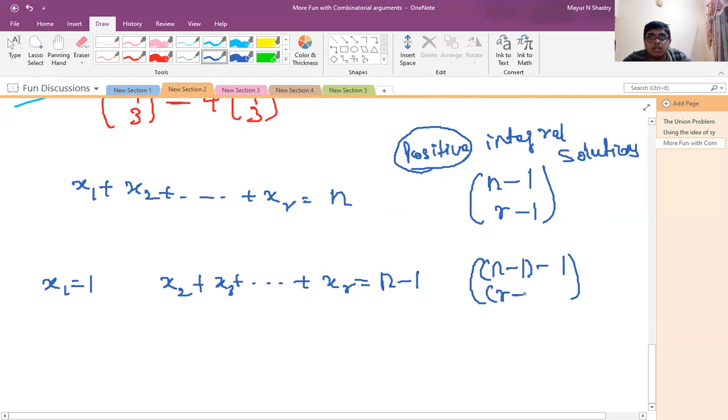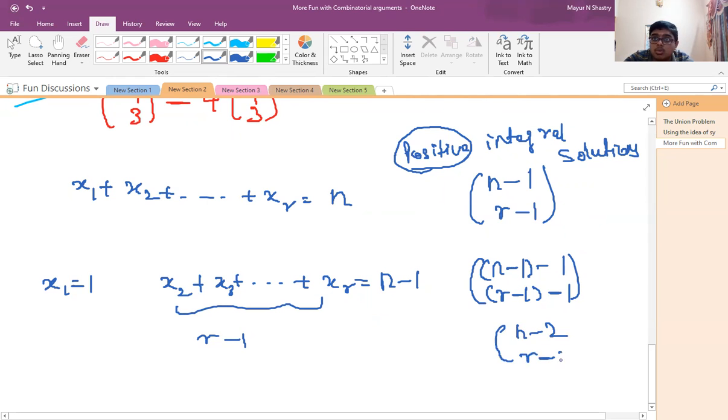So there are r minus 1 elements. So it's n minus 1 minus 1, choose r minus 1 minus 1. That's the number of positive integral solutions. The same idea. So that's going to be n minus 2.